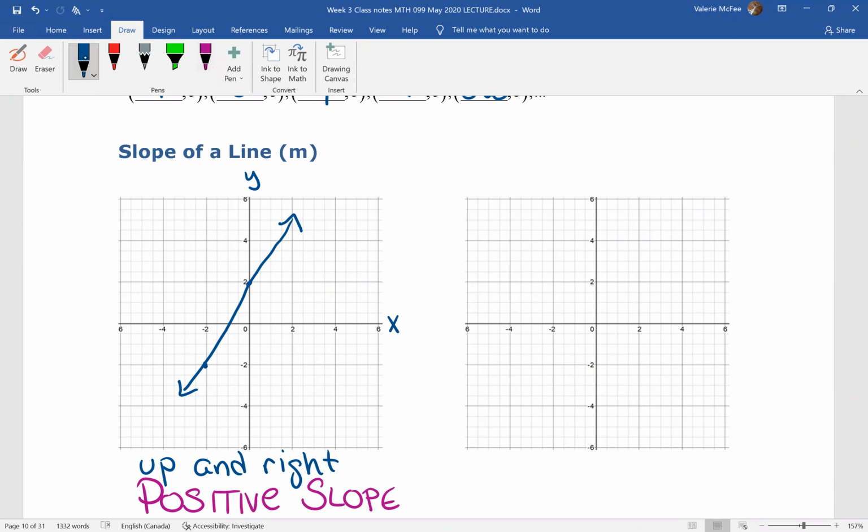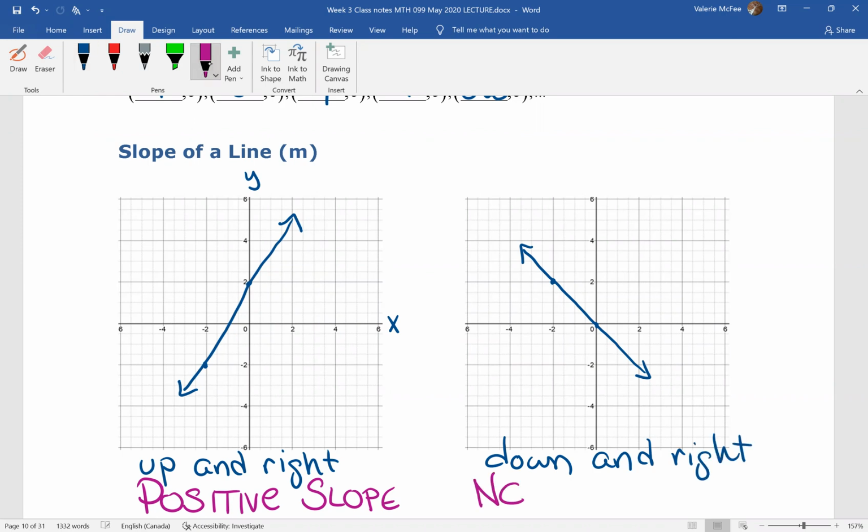When I draw a line that is going down and to the right, we say it has a negative slope. Now, if you're thinking about the vertical line and horizontal line we just drew, you'll be wondering because they don't have a positive or a negative slope, but we'll come back to that.